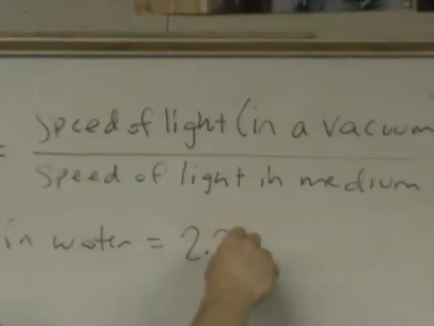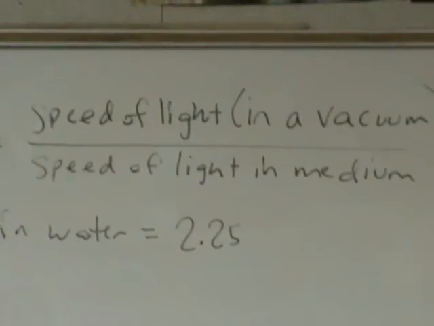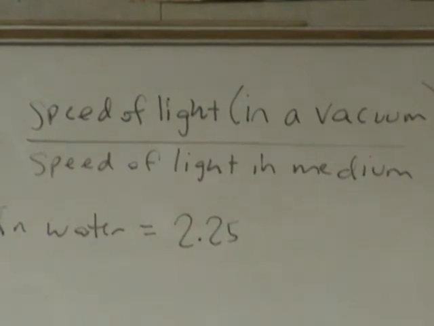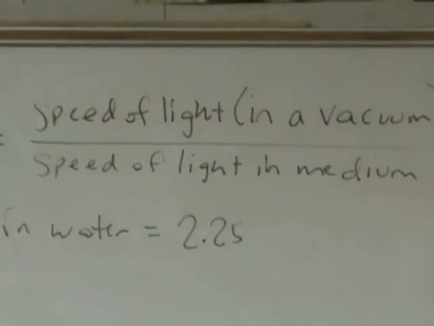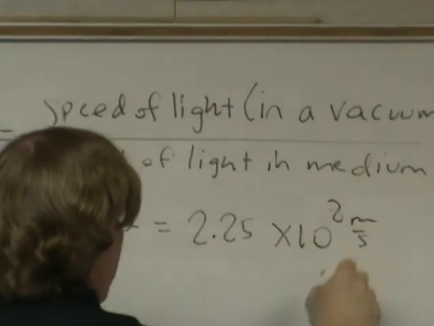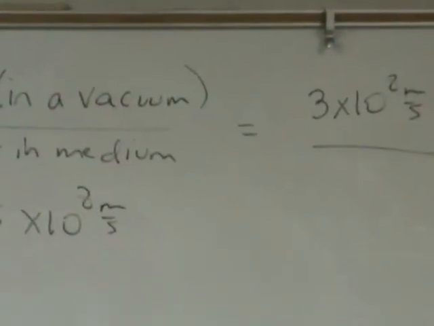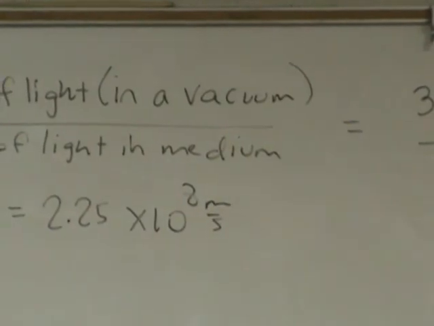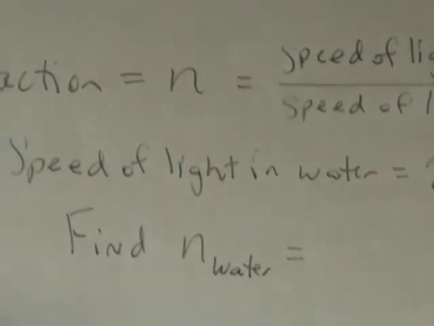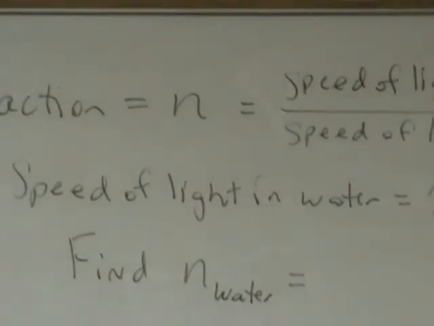The speed of light in water is 2.25 times 10 to the 8th meters per second. I'd like everyone to please find me the index of refraction of water. Give me the index of refraction of water right now.